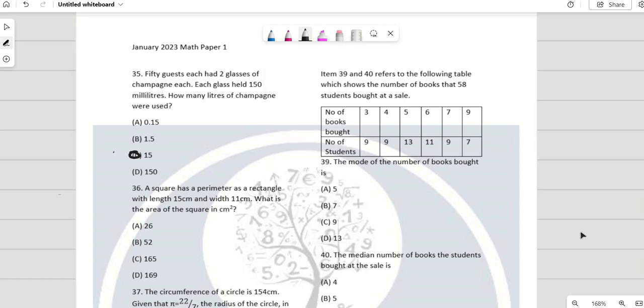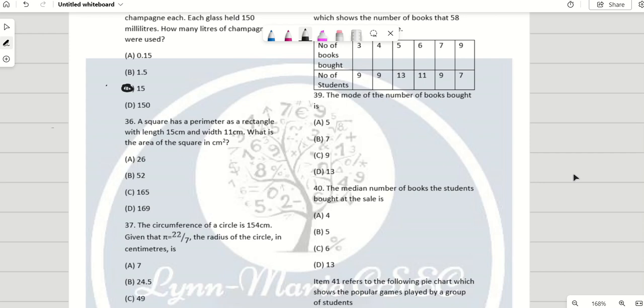Alright, let's read number 36. A square has the same perimeter as a rectangle. They're telling you that the perimeter of the square and the perimeter of the rectangle are the same, and the length of the rectangle is 15 and the width is 11.